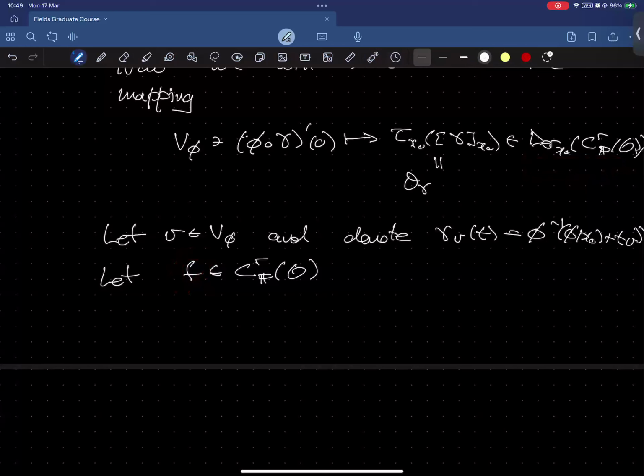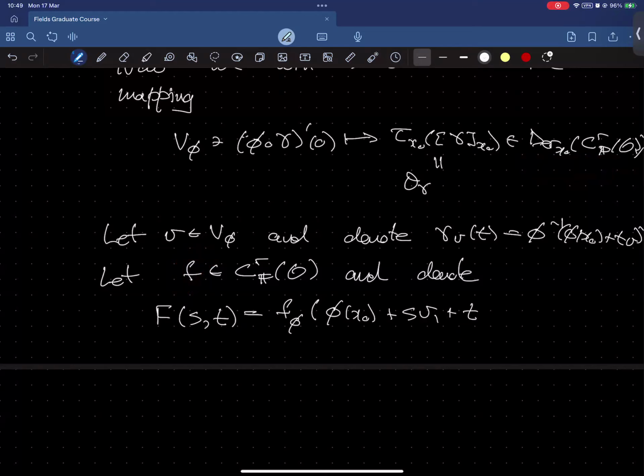Okay, and denote capital F of s and t to be f phi, the local representative of f, at phi of x naught plus s v1 plus t v2.